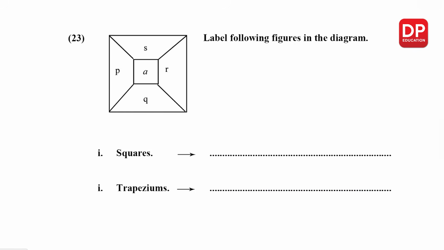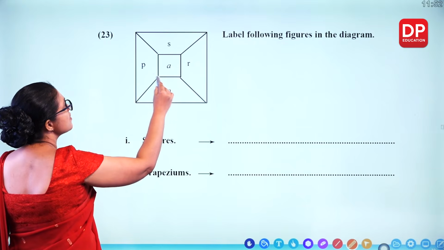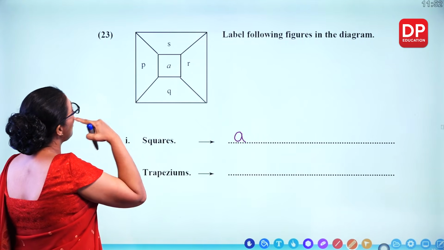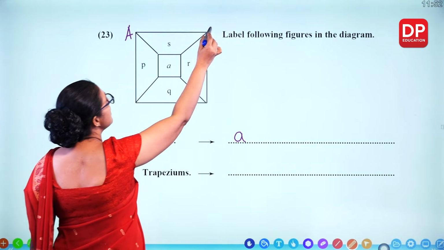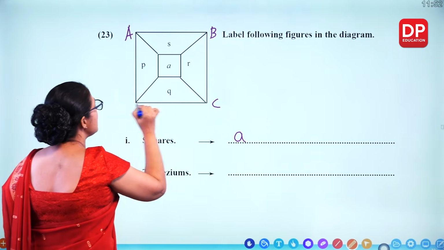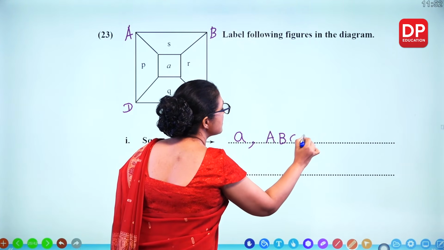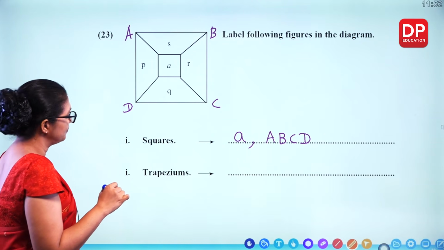Look at this diagram. Label the following figures in the diagram. Squares. Identify squares. This is one square, A. So here how can we label this one? I'll put ABCD. So ABCD is another square. Trapezium.